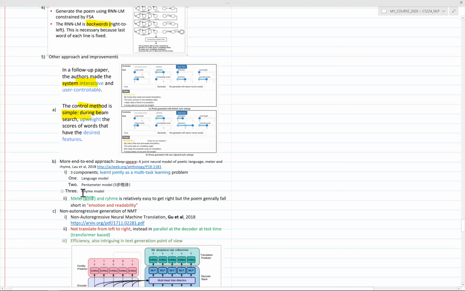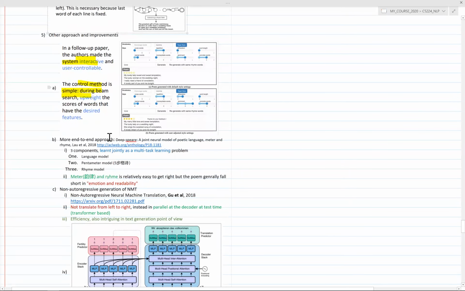So in this specific poem application, they were trying to learn jointly the three models as a multi-task learning problem. Overall, the meter and the rhyme are relatively easier to train, but this system had a hard time finding the emotion and readability of the poem.